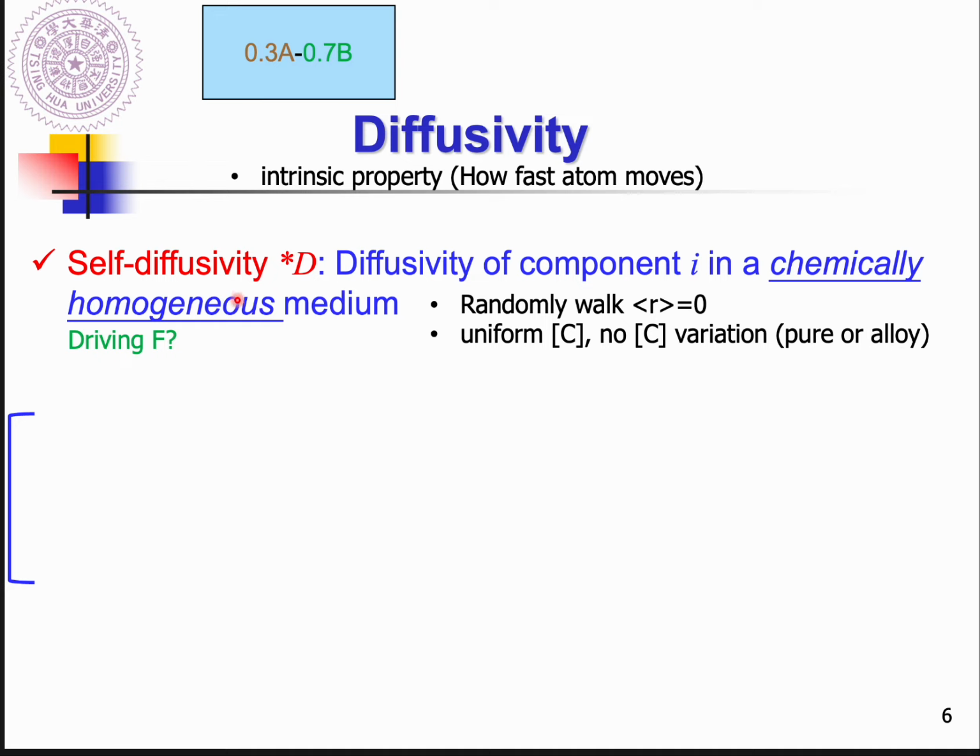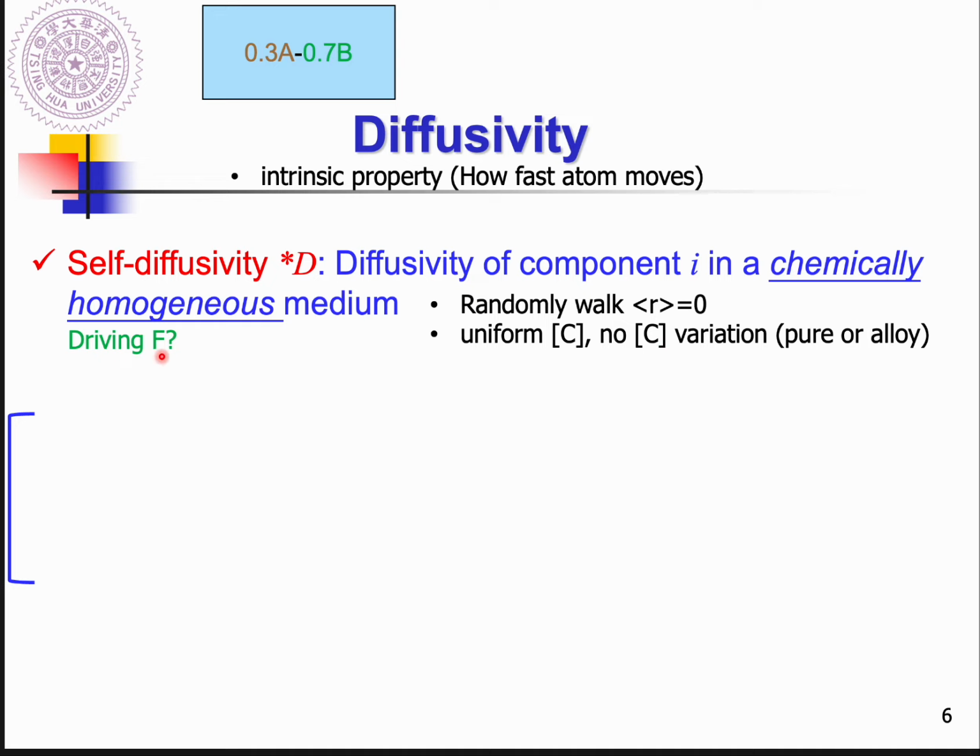Some people were probably curious: in this case, there is a uniform concentration, no concentration variation. So what's the driving force for this self-diffusivity?